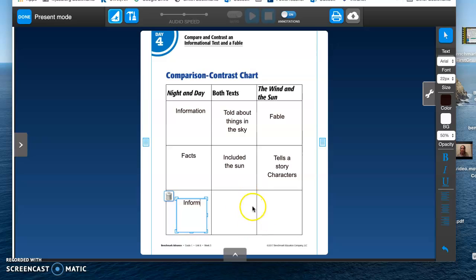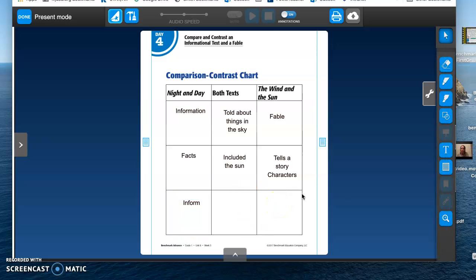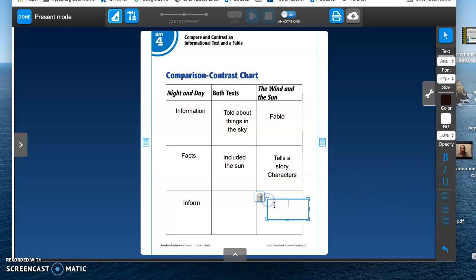It taught us about different things that are true about night and day. Well, about the wind and the sun, the author's purpose is to entertain. It also taught a lesson.